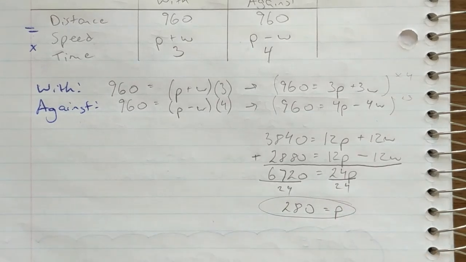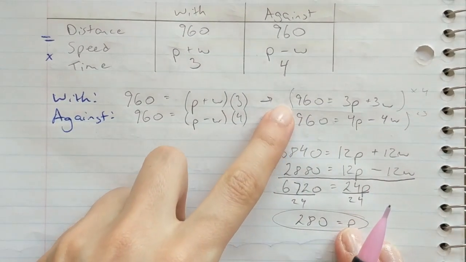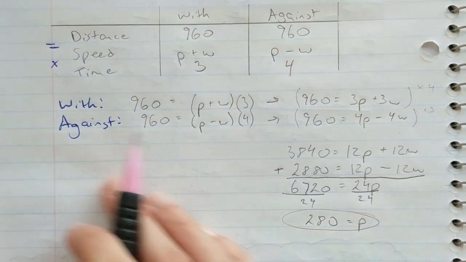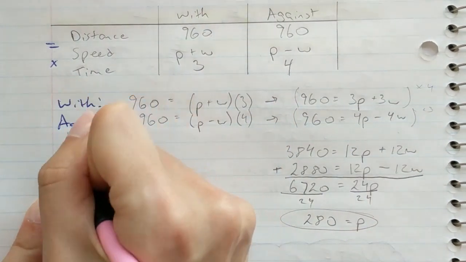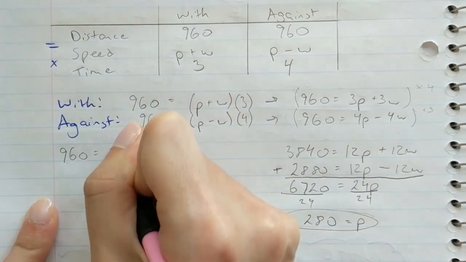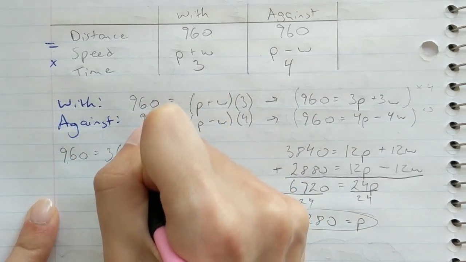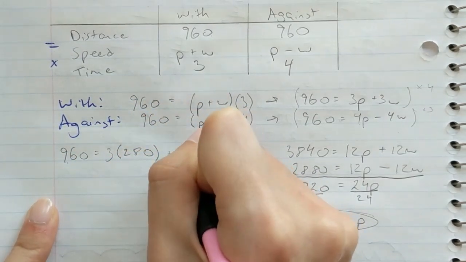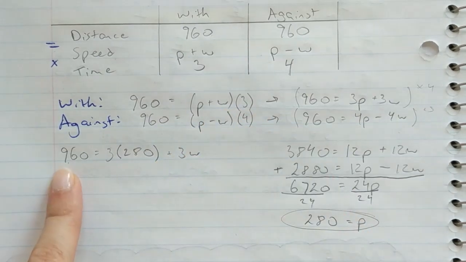We can then isolate and we can solve for W, the speed of the wind. I'm just going to plop this information into my first equation. I'm going to do that over here. Remember, 960 is equal to 3 times 280 plus 3W.